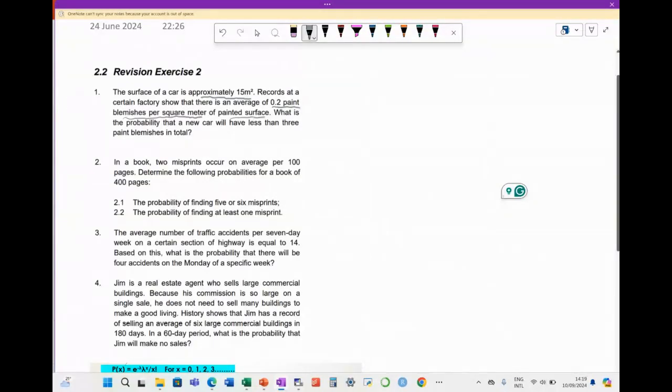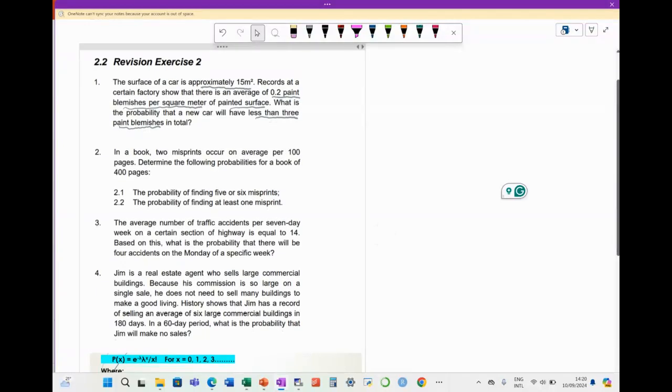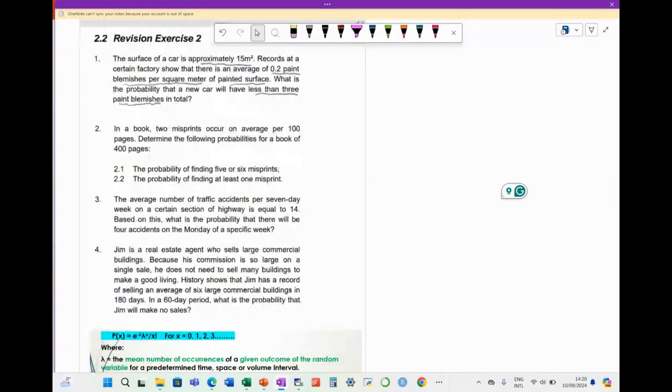What is the probability that a new car will have less than 3 paint blemishes in total? Okay, so they want us to find the probability that a new car has less than 3 paint blemishes in total.